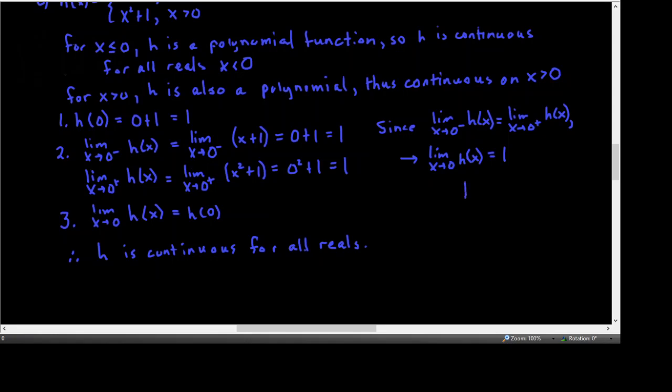And of course, if we were to graph this, it should be supportive of the work we've done to prove that it's continuous for all real numbers. So let me set up a grid here. All right, so on the left side of 0, we're graphing the line y equals x plus 1 and including 0.